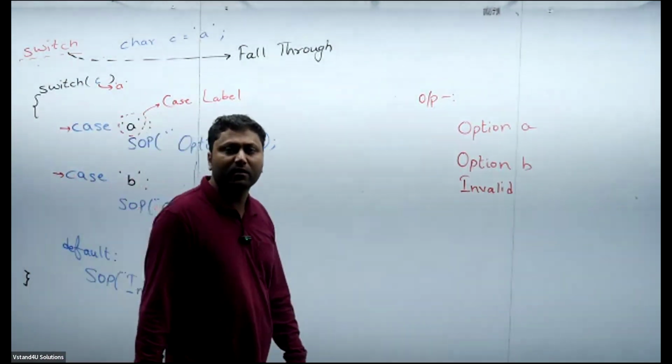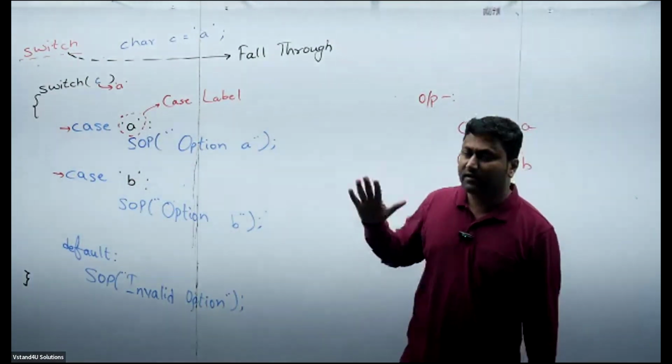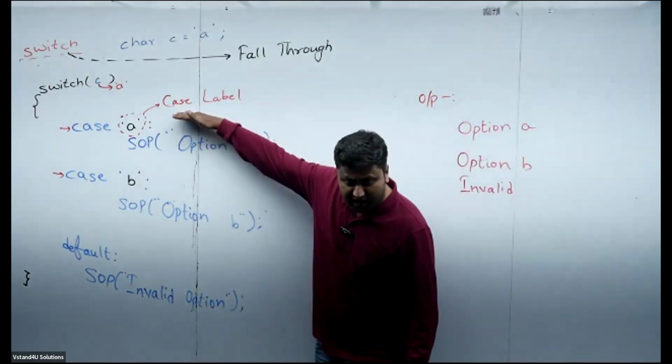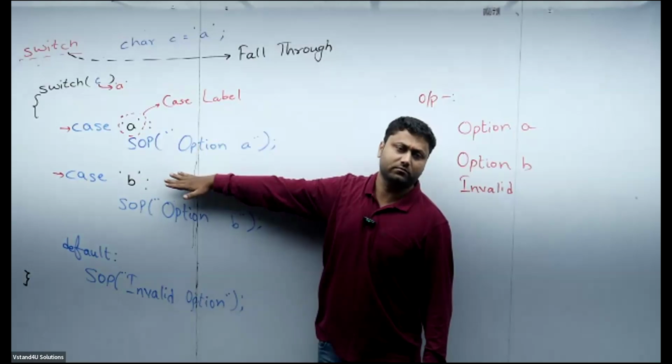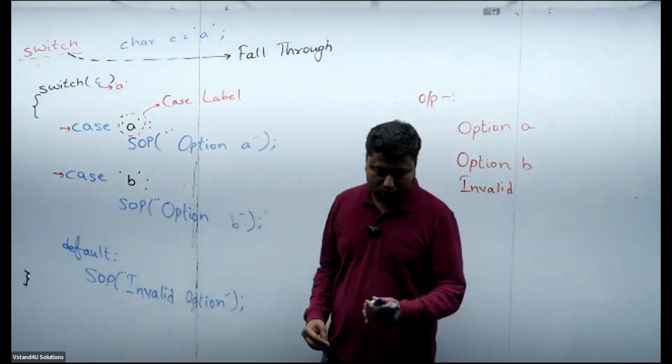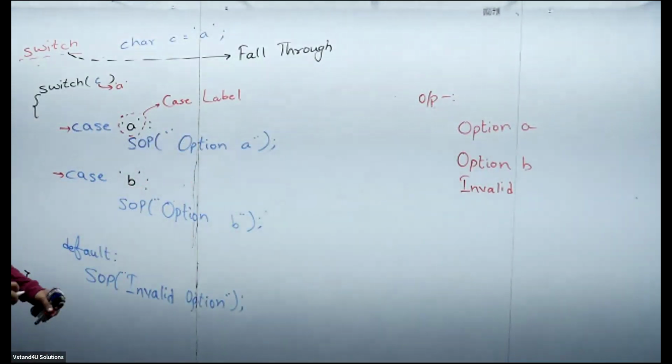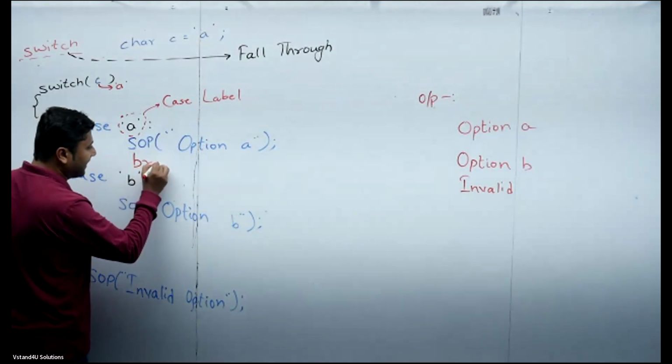Suppose you don't want that to happen. If it matched A, I want only A to work. Then I don't want it to fall further. In order to do so, there is a keyword which you all were telling: break.